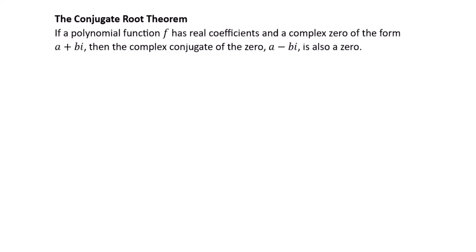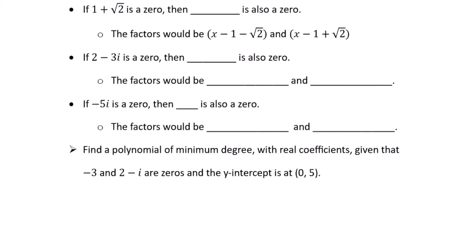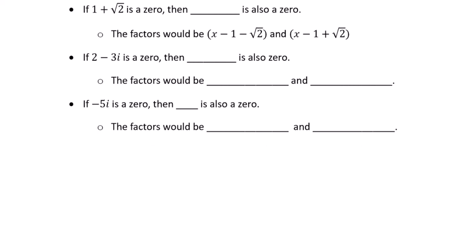The conjugate root theorem. If a polynomial function f has real coefficients and a complex 0 of the form a plus bi, then the complex conjugate of the 0, a minus bi, is also a 0. So for us, this means that if 1 plus the square root of 2 is a 0, then 1 minus the square root of 2 is also a 0.